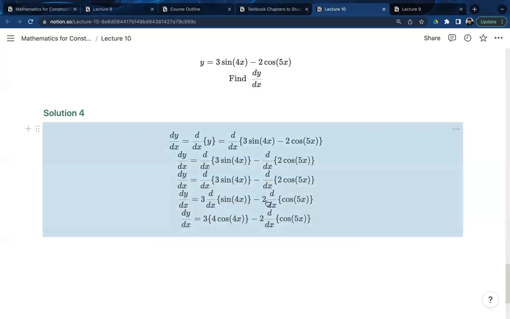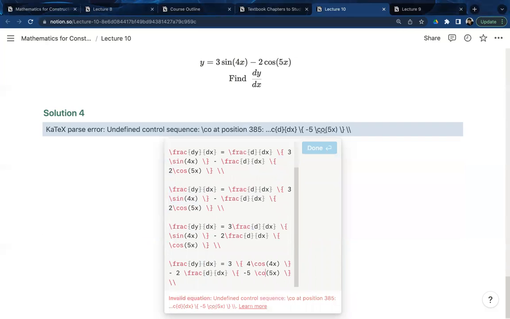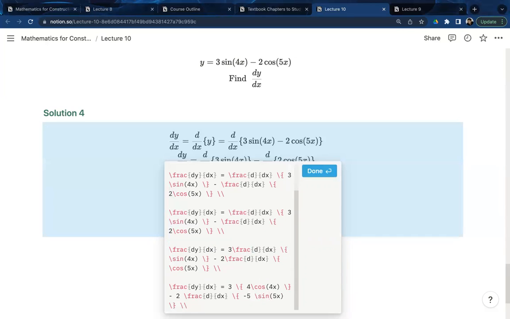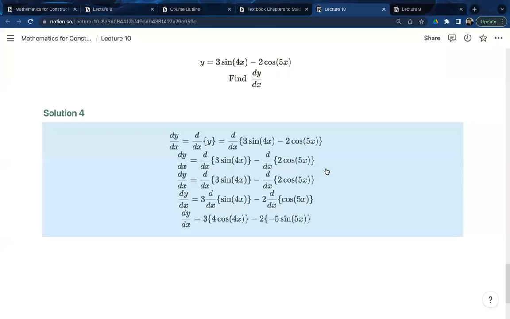So I pull out the 3 and I pull out the 2. Derivative of sine 4x is 4 cos 4x, sorry. The derivative of cosine 5x is minus 5 sine 5x. So this here, I could replace this with minus 5 sine 5x, and just take out the d dx. See that? So the derivative of cosine 5x is minus 5 sine 5x.